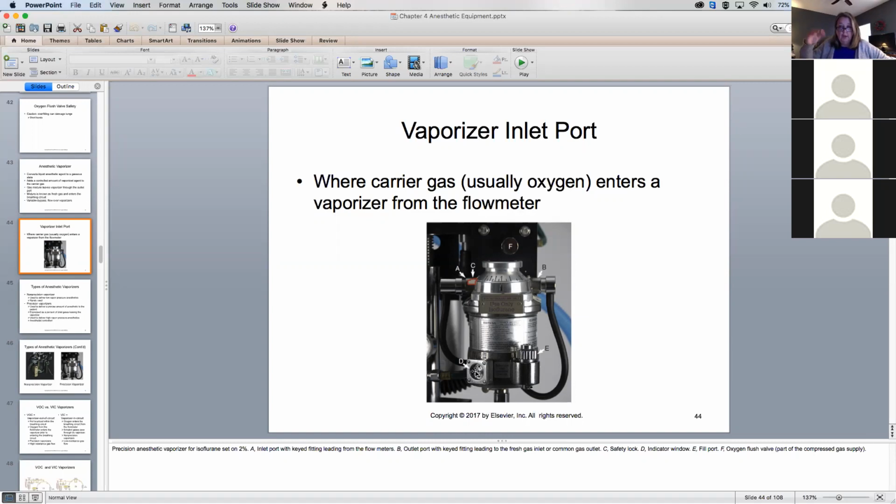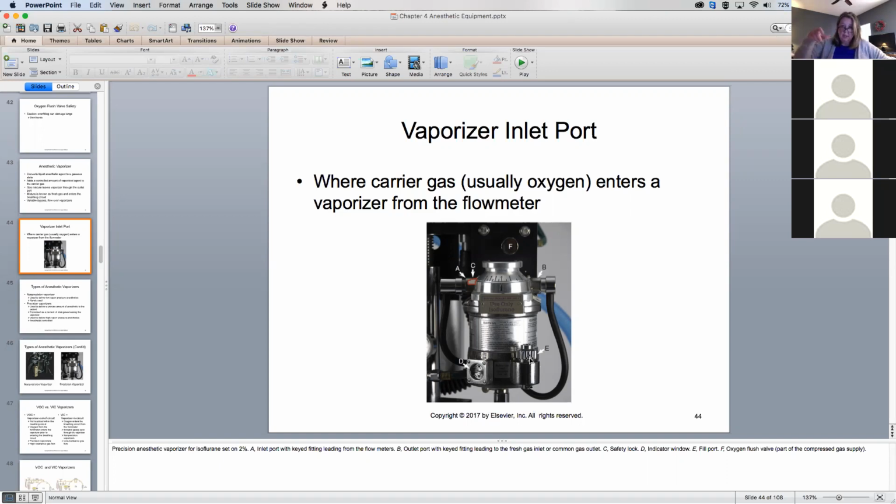You don't want to go over that because you can't overfill. If you overfill it, it backflows inside the machine and can cause overdose problems. It can mix, it can damage some of the internal parts. So you definitely want to be cautious when you're pouring. And then letter E is the port where you fill the vaporizer.